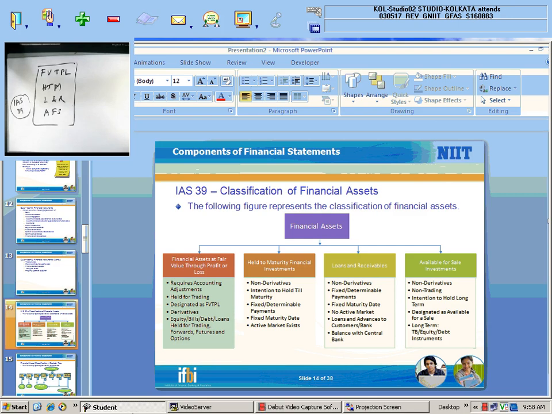Financial assets that are held for trading, including derivatives, cannot be classified as available for sale. So these are the four categories into one of which each financial asset must be classified by the entity. The four categories are FVTPL, HTM, L&R and the available for sale.